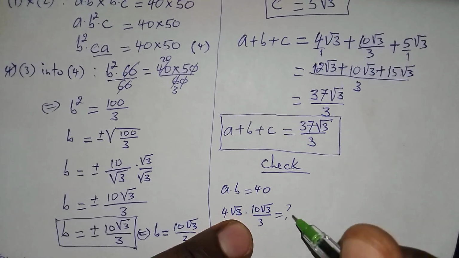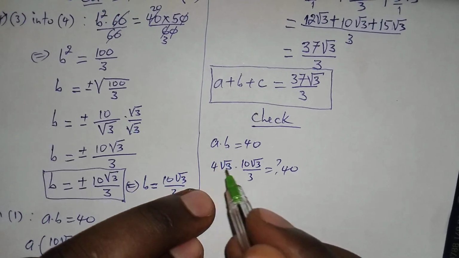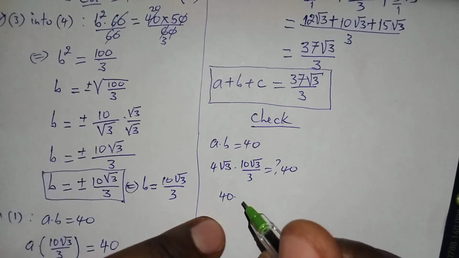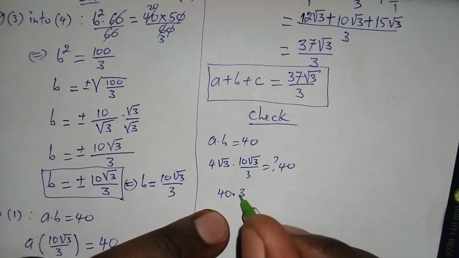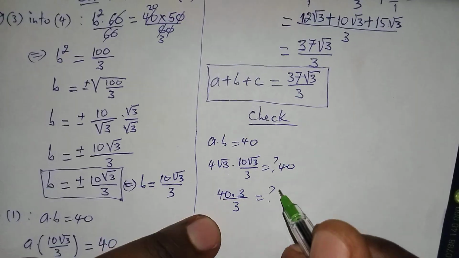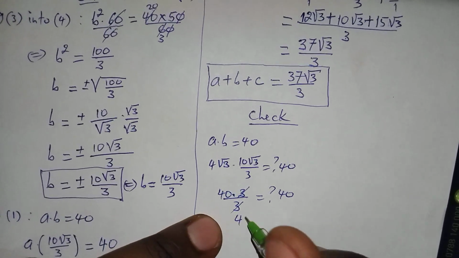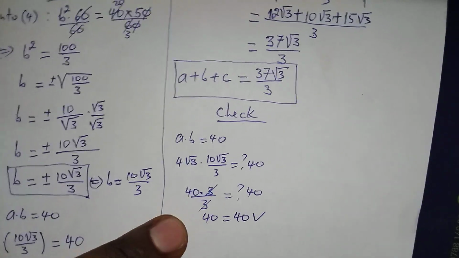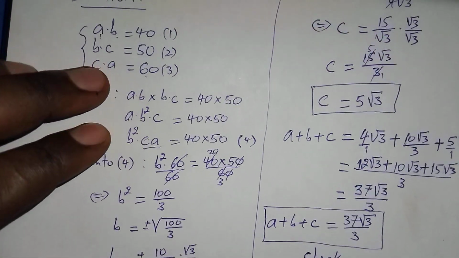Is it equal to 40? So we have 4 times 10 is equal to 40 times square root of 3 times square root of 3 is equal to 3 over 3. Is it equal to 40? Simplify this. So we have 40 equal to 40. This is true.